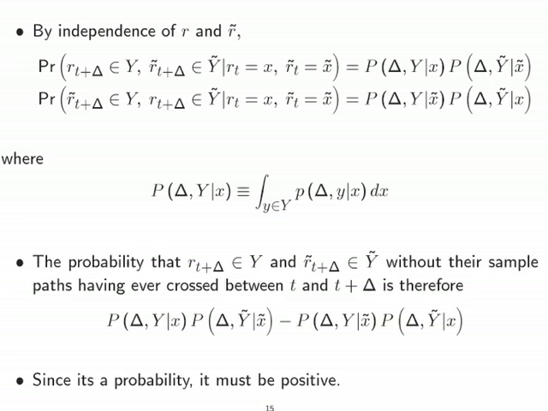And same thing if I reverse the order, it's equal to that, where of course this is the cumulative distribution function from that transition density. Now, therefore, the probability that R is in Y and R tilde is in Y tilde without having ever crossed is therefore the difference in those two probabilities. Now, since the difference in those two probabilities is itself a probability, that means that difference is always positive.